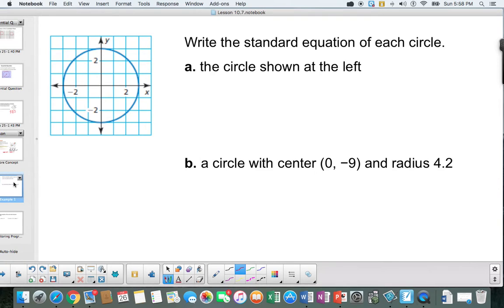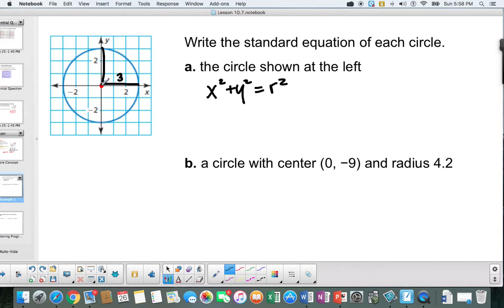Let's go ahead and do a problem. We want to write the standard equation of each circle. Now we notice that in A, the center is at the origin. When the center is at the origin, the formula looks like this. The only thing we have to figure out is the radius. And it looks like the radius is 3.